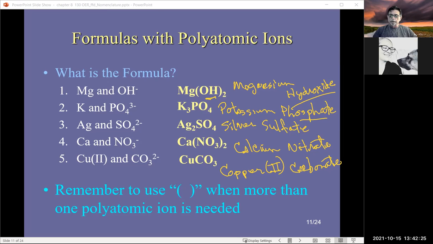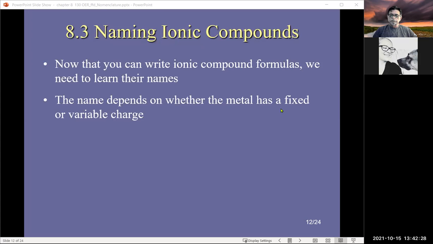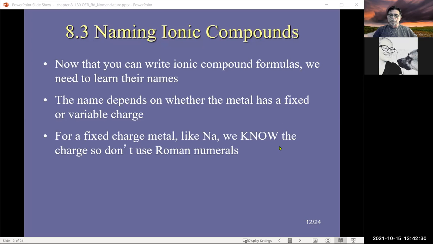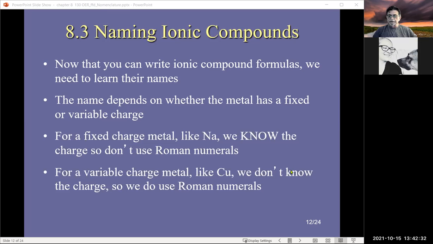All right, so this is basically summarizing everything we just did, naming the ionic compounds, okay? Write the ionic formulas, and then depending on the charge, whether the metal is fixed or variable, determine that.